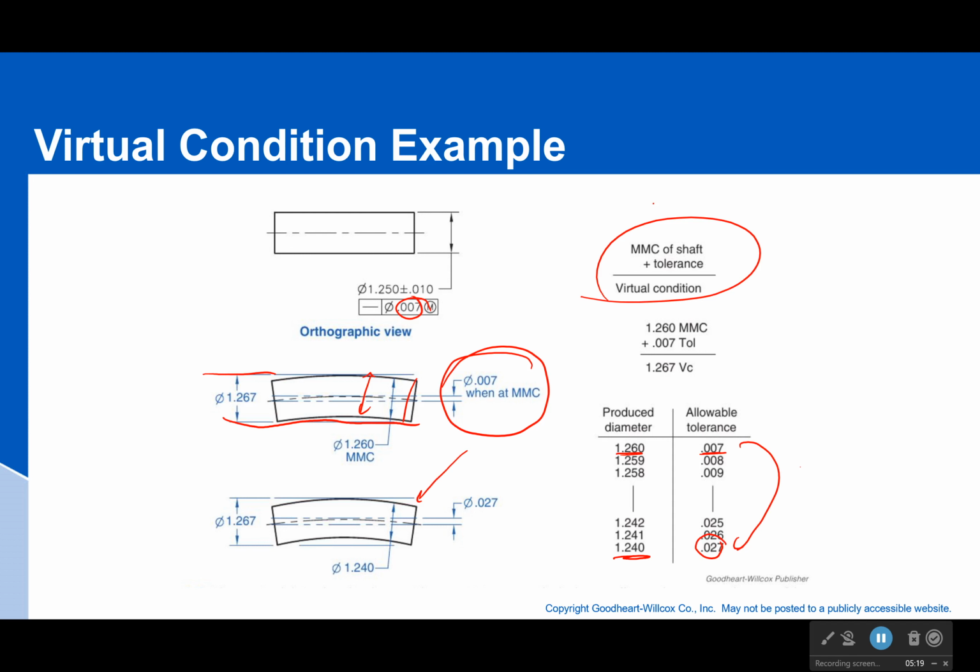Its form is good enough for it to have the same function of most likely fitting through a hole. So maybe this is a long shaft that's going to be used to connect several pieces together, and it has to fit through the holes. Well, the smaller the shaft is, the easier it will be for it to get through every single hole. And as long as it doesn't go beyond the least material condition, everything should be fine for stresses and strains and other things that are controlling it.